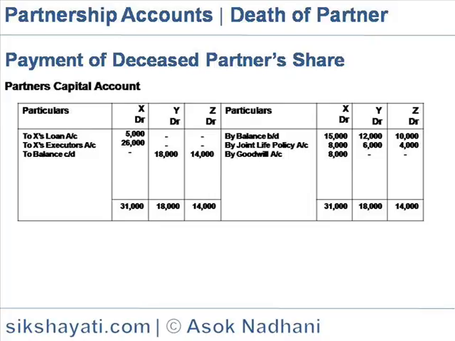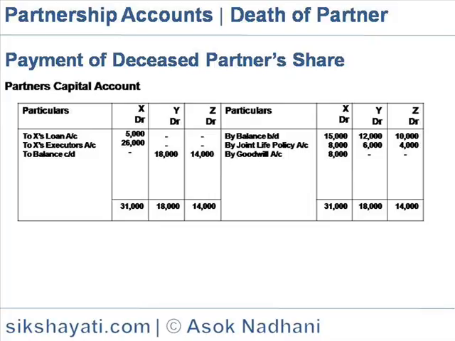Then by joint life policy account, the amount credited to X 8,000, Y 6,000 and Z 4,000, and by goodwill account credited to X capital account 8,000. On the debit side, X loan account is 5,000, the balance over what is paid to the executor being transferred to X loan account.